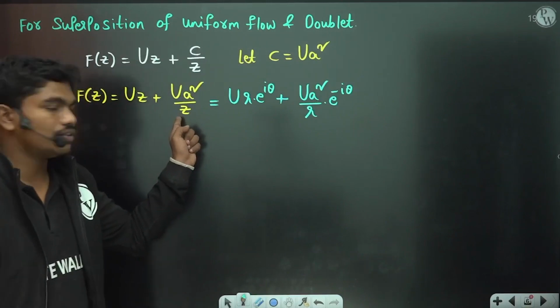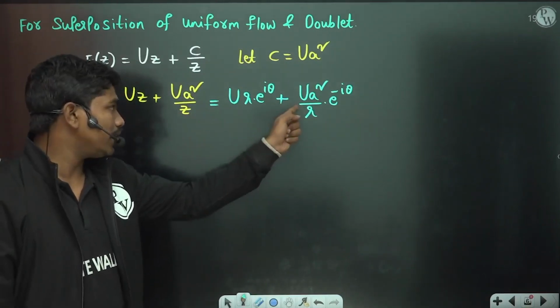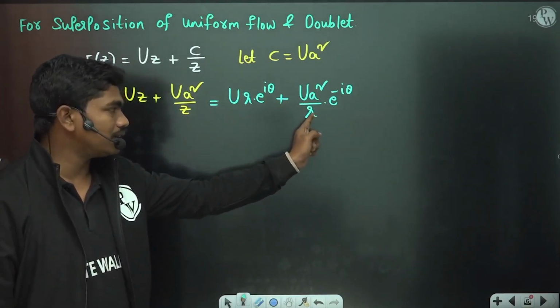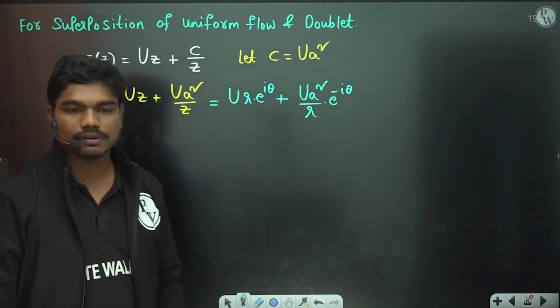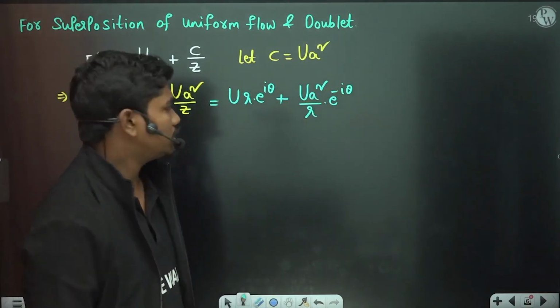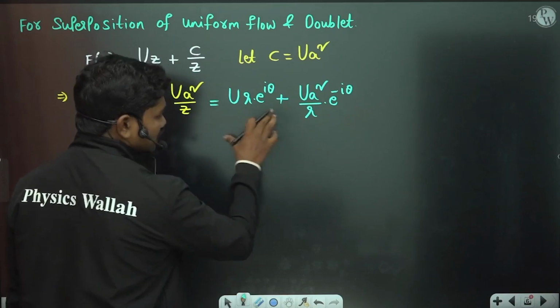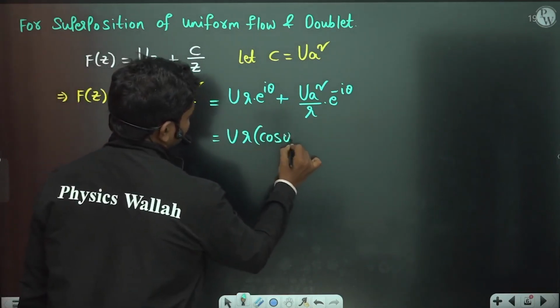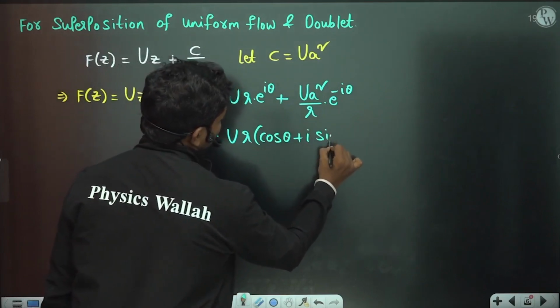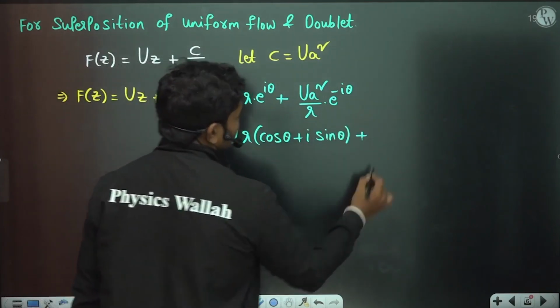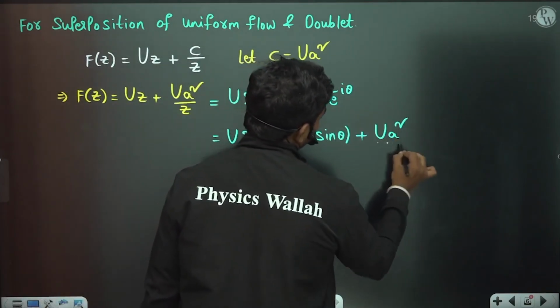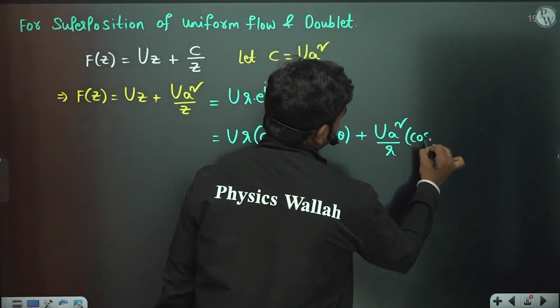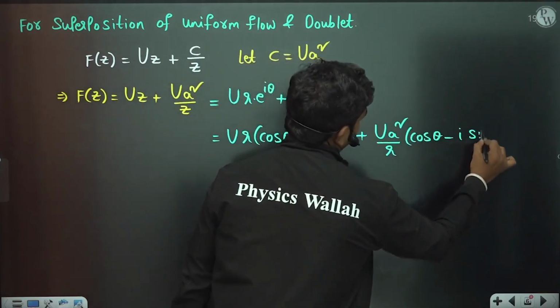Because if you write Z as R into e power i theta, R is as it is, and the e power i theta in the denominator can be written as e power minus i theta in the numerator. Now if you expand this using cos theta and sin theta, U R times cos theta plus i sin theta plus U A square by R times cos theta minus i sin theta.